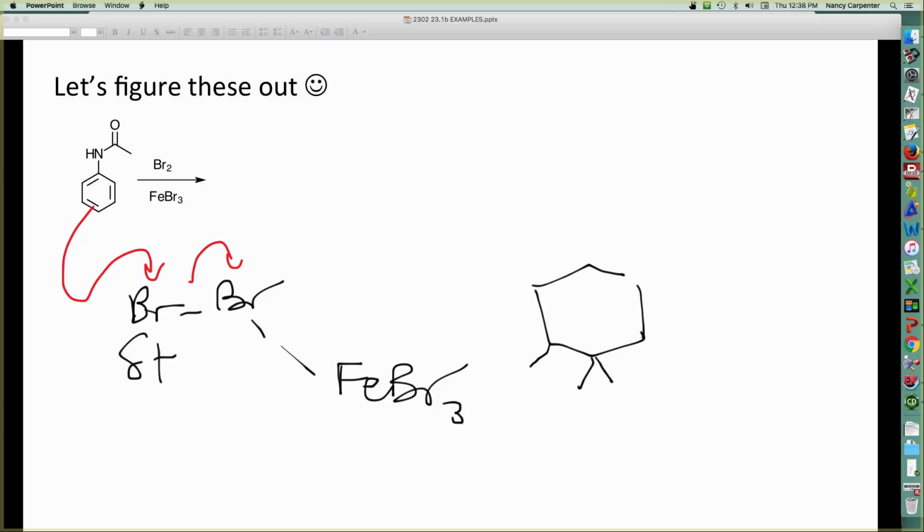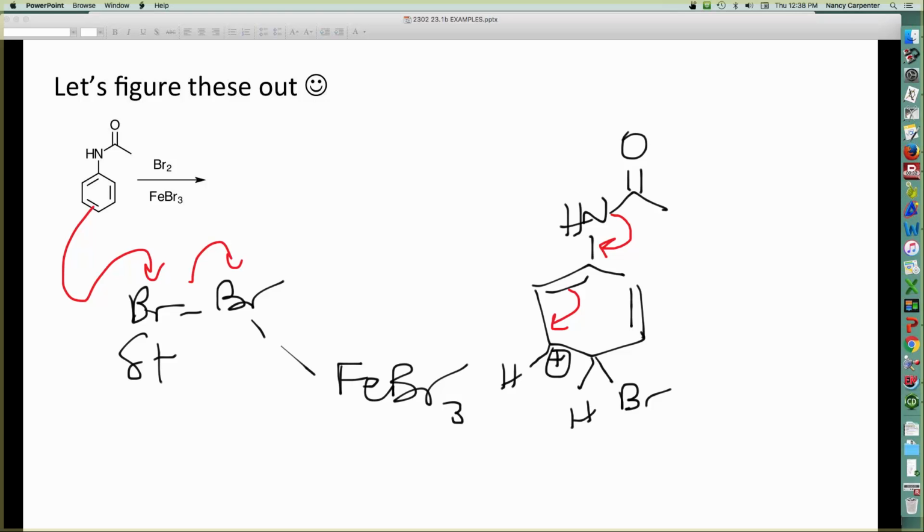where if I put my positive charge here and look at the intermediate, I will be able to see that, yeah, sure enough, I'll be able to stabilize that carbocation by using the lone pair on my nitrogen.